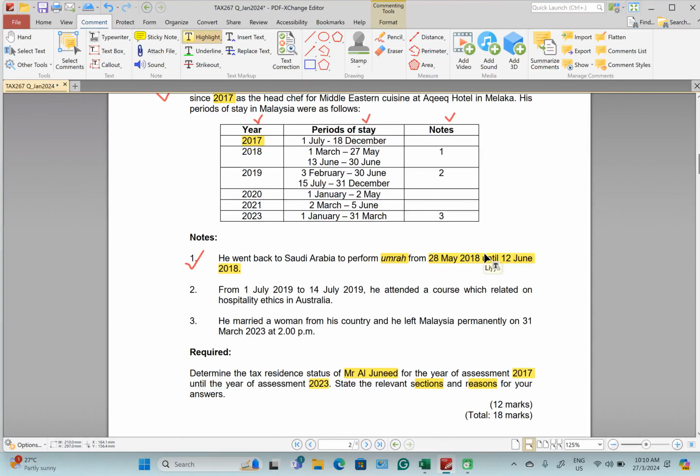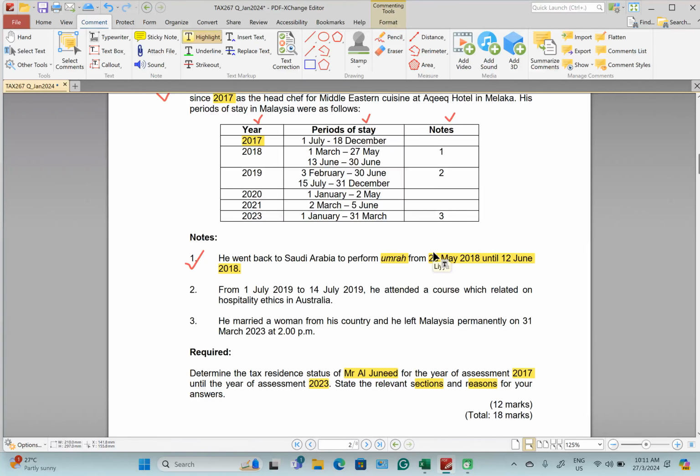But it doesn't matter what the reason is for being absent from Malaysia, you can always try under temporary absence. Temporary absence related to work is not suitable, and health is not suitable either.